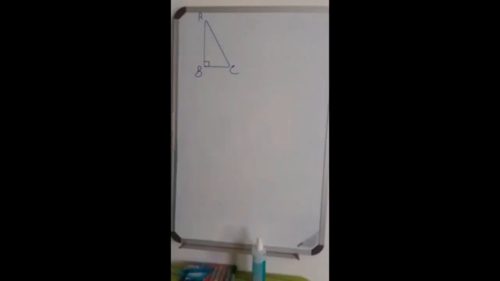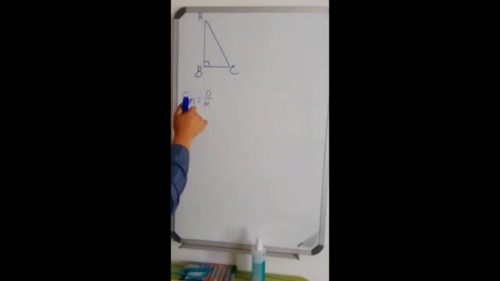Okay, still on trigonometry. So now we're going to do the reciprocal of the ratios that we just did, which is sine, cosine, as well as tangent. All right. So if you remember, we said sine would be an opposite side over the hypotenuse.